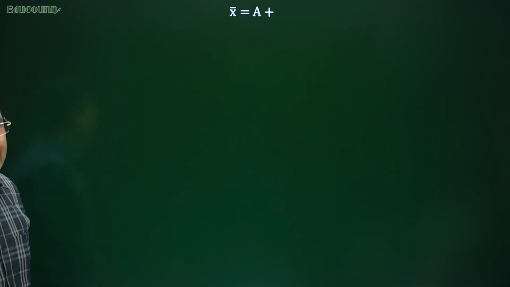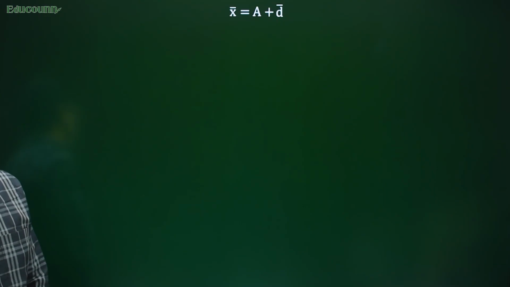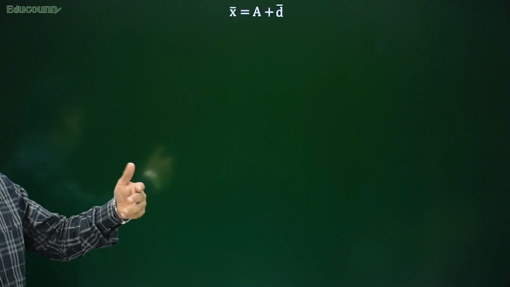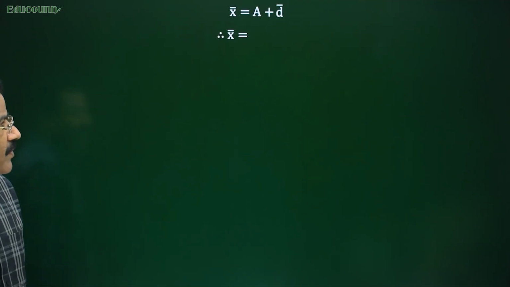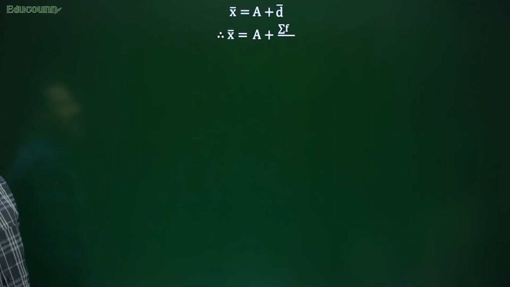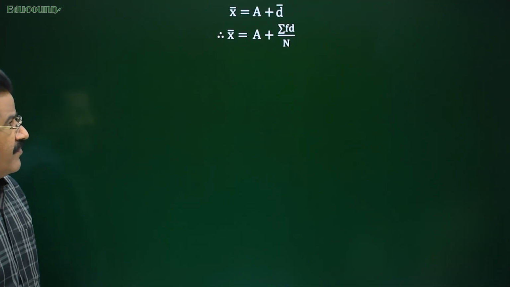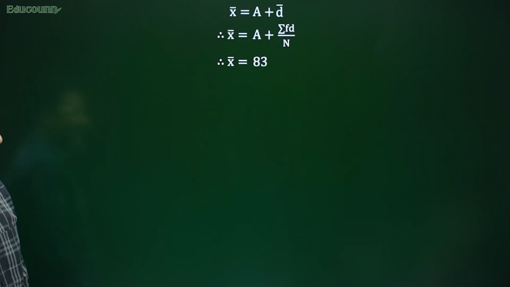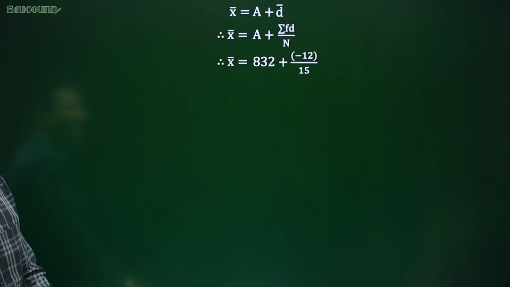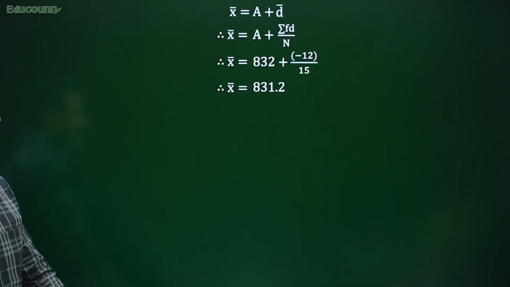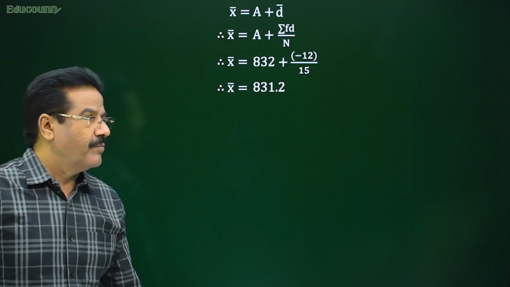So the formula of X bar, that is A plus D bar, because we have replaced X in terms of D, so again we have to convert that in terms of X bar. So here A plus summation of FD upon N. The value of A we have assumed as 832. Summation of FD was minus 12 upon 15. Do the calculation so that we get X bar as 831.2.